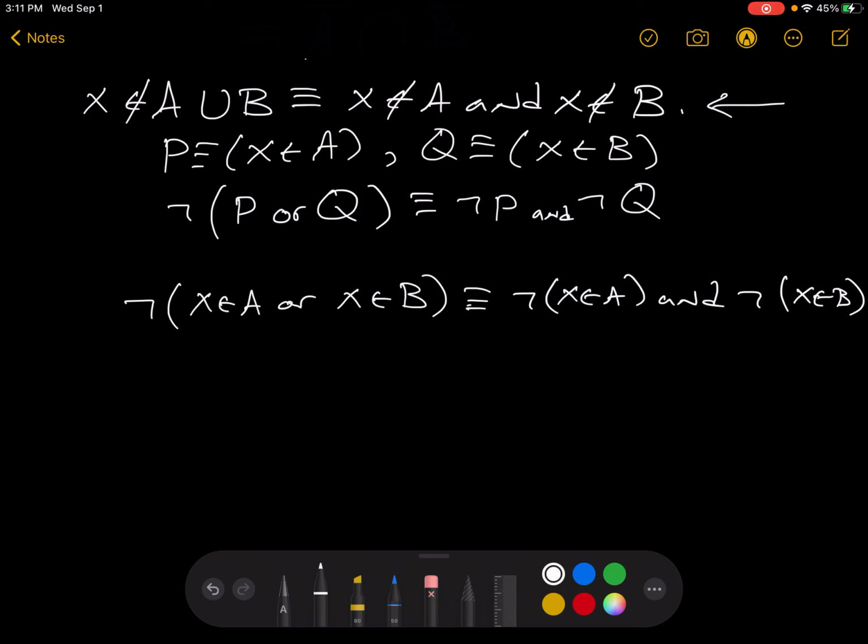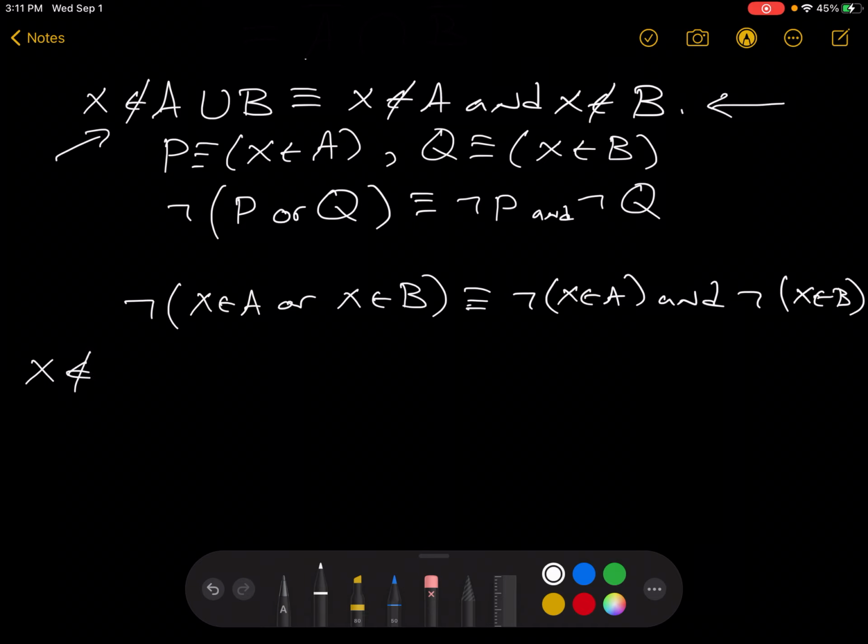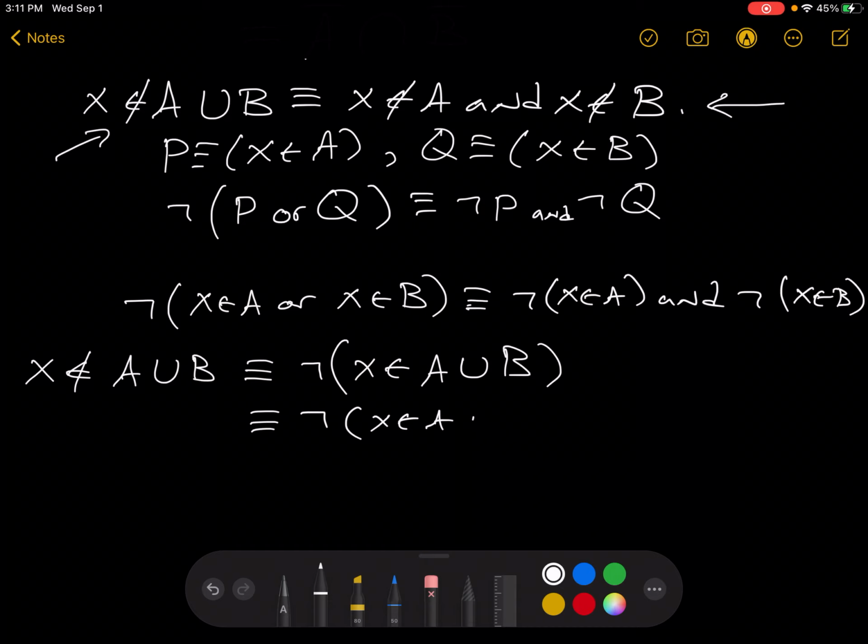All right, so starting on the left-hand side here, X is not in A union B. We can think that's the same as saying not, that's the negation of X is in A union B. Now remember, what does it mean for X to be in A union B? That means that X is in A or X is in B.